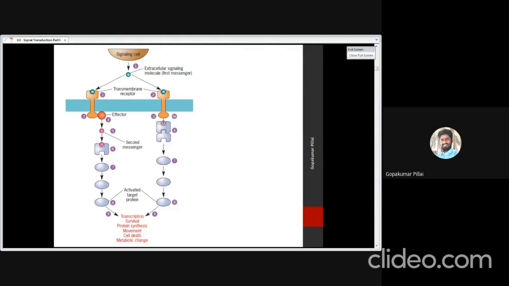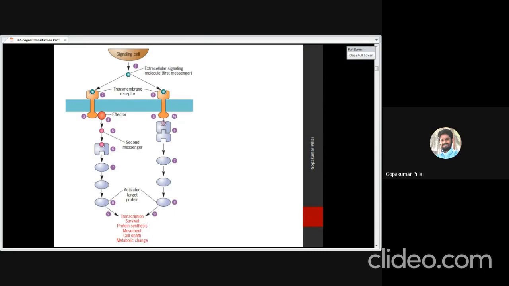When it binds the extracellular messenger, the receptor undergoes a conformational change because it has a three-dimensional structure. It has either an alpha helix structure inside it or a beta pleated structure. So when your messenger binds to it, it brings about a slight change in the conformation of that protein. And when the conformation changes, the receptor gets activated.